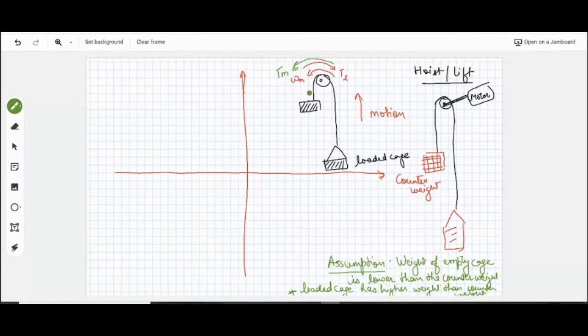So if we see this case, we can conclude that your motor torque and the speed and the direction of this motor are in the same direction. That means it's a case of motoring. That means the motor attached to it will be in motoring mode and the complete drive will be in motoring mode.